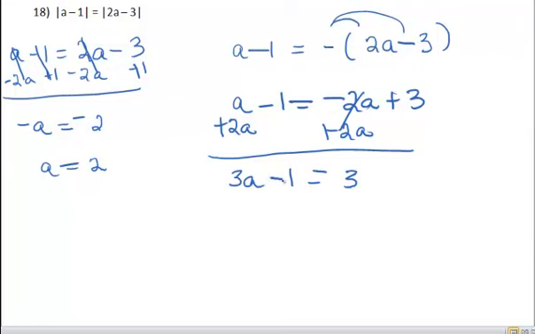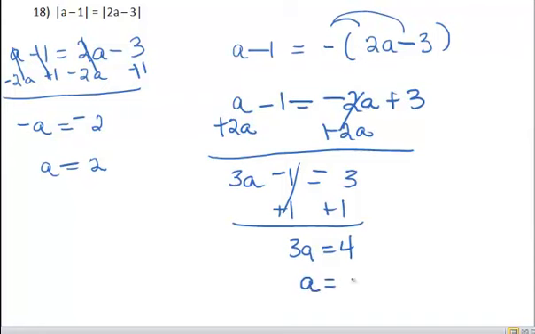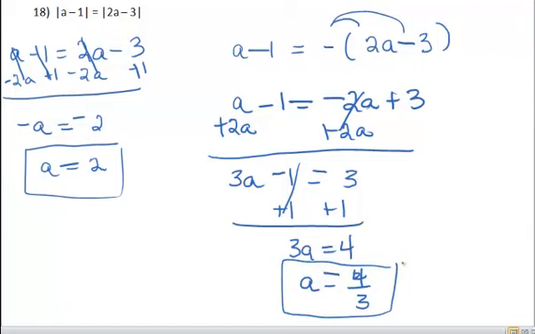We're going to add 1 to both sides. So we get 3a is equal to 4. Divide by 3, so a is equal to 4/3. You need to double check both of these as well and make sure they both work. They do both work, so our solutions are 2 and 4/3.